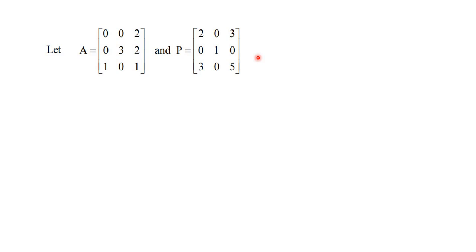Okay. Now we find the similar matrix A cap. A cap is equal to P inverse into AP, and we verify whether A and A cap have the same eigenvalues and calculate the eigenvectors for A and A cap. So find the eigenvalues and eigenvectors of A cap equal to P inverse AP.